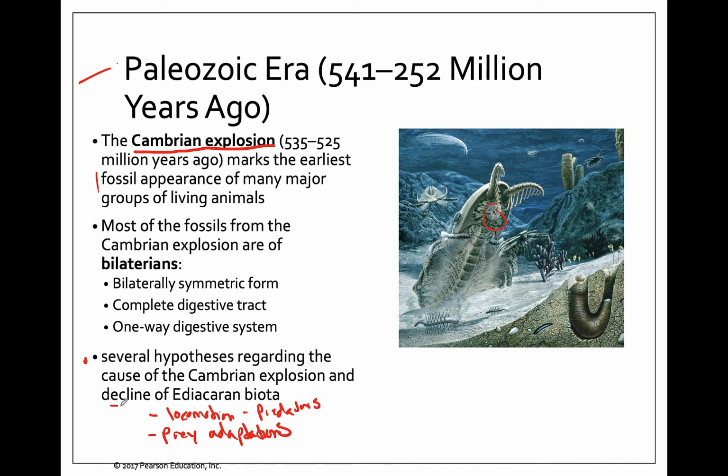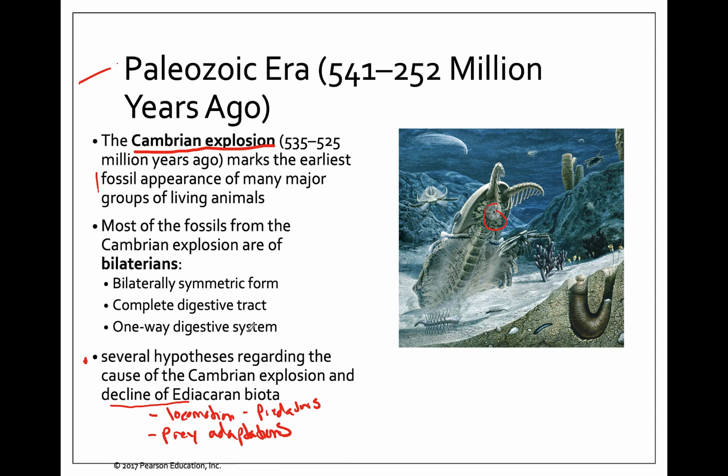There was a decline in the Ediacaran bodies, so we think that the Ediacarans were soft-bodied, meaning that they didn't have hard shells outside of them, and so when that comes in contact with a predator, it's likely going to be eaten. So the development of prey animals that have spines or claws or shells or some kind of scales or armor was going to be advantageous here.